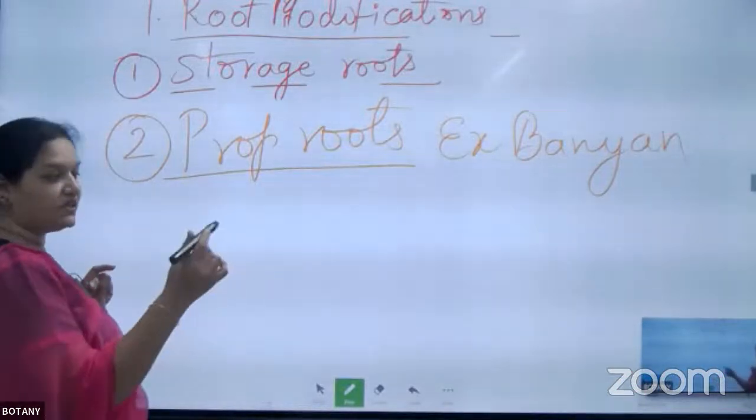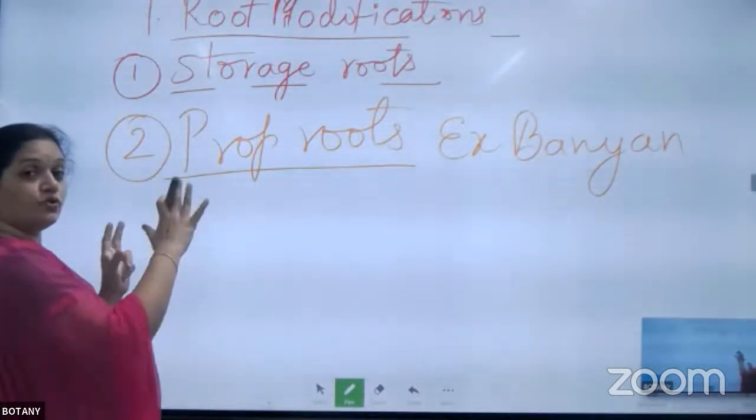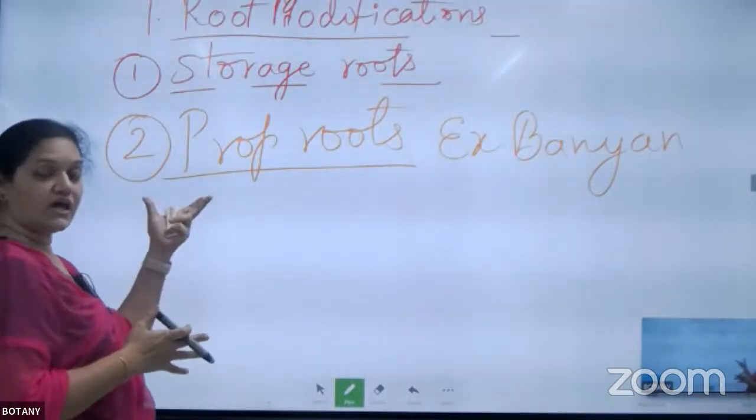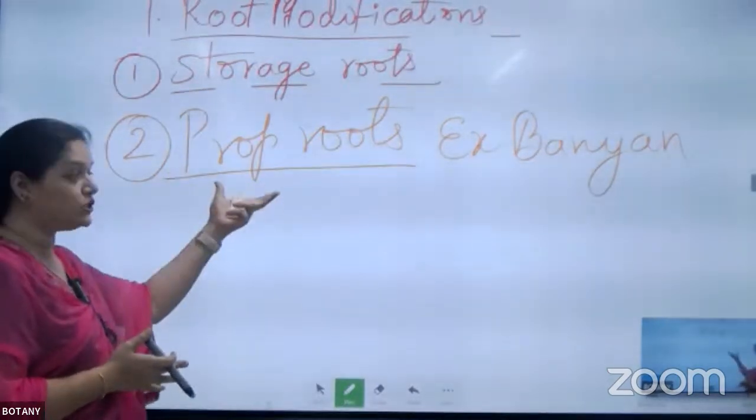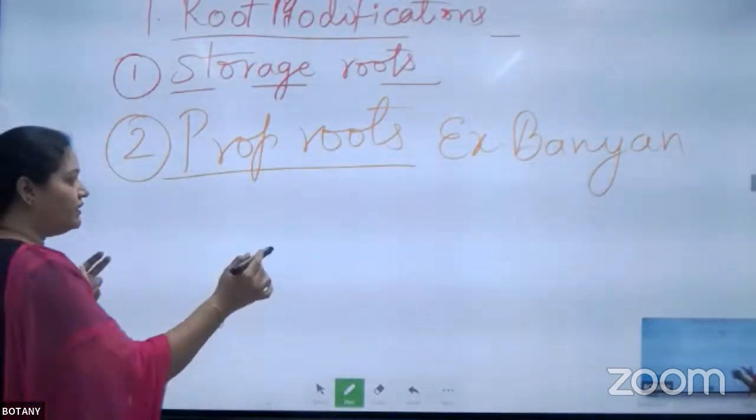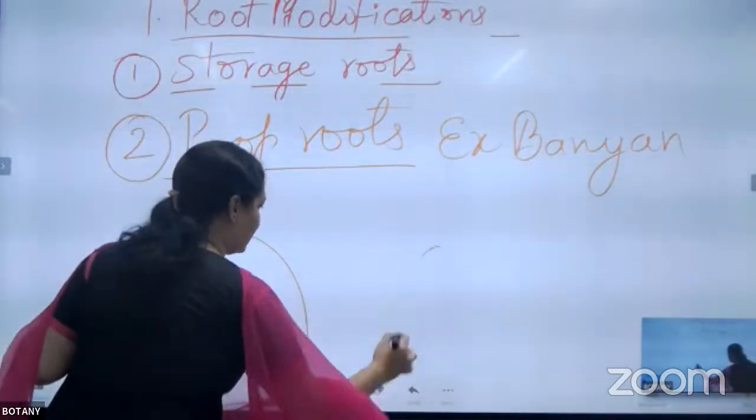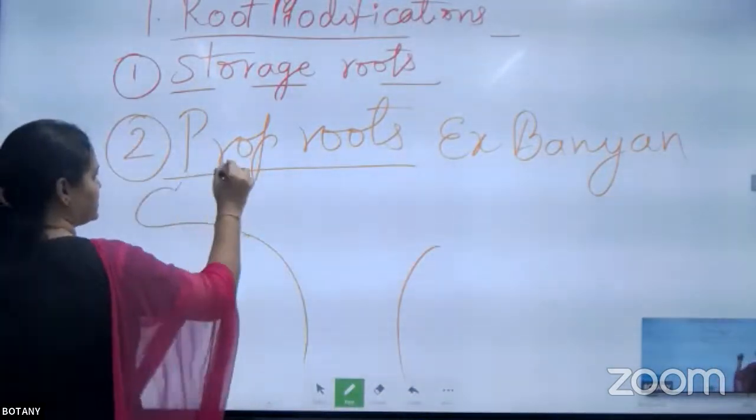So how to draw this, and how are the roots arising? The roots are arising from the heavy branches of this tree to give extra support for the heavy branches.